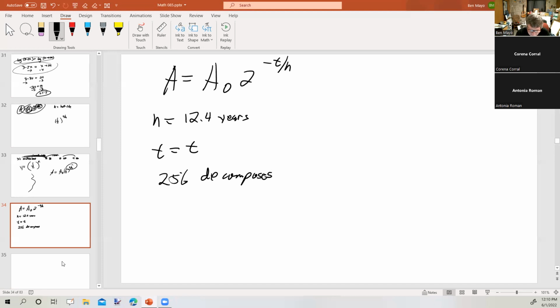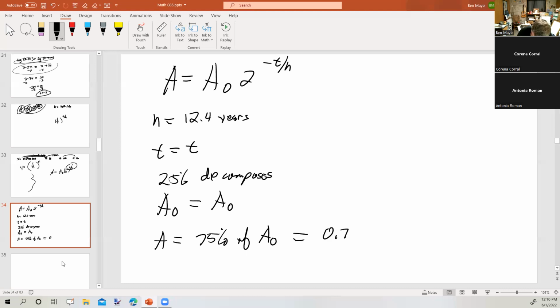What they did tell us was that 25% of what was there disappeared, it decomposed. So if our beginning amount is A sub 0, our ending amount would be 75% of A sub 0, or 0.75 times A sub 0.